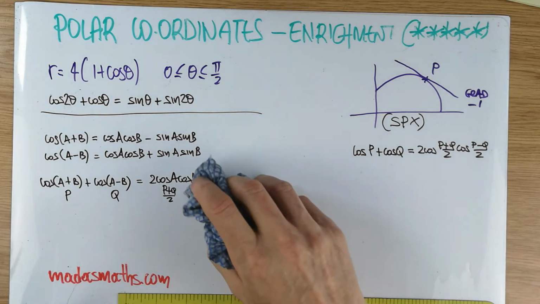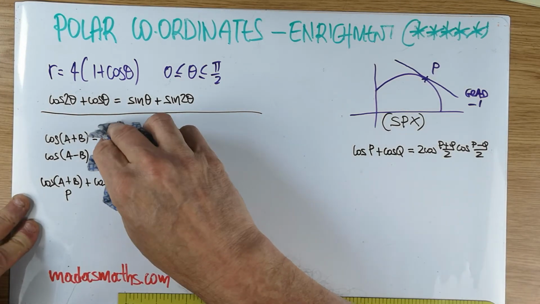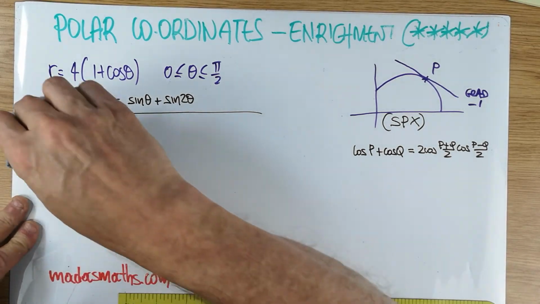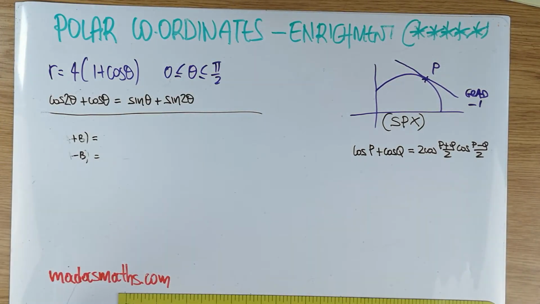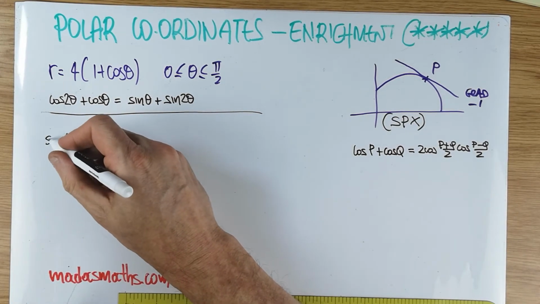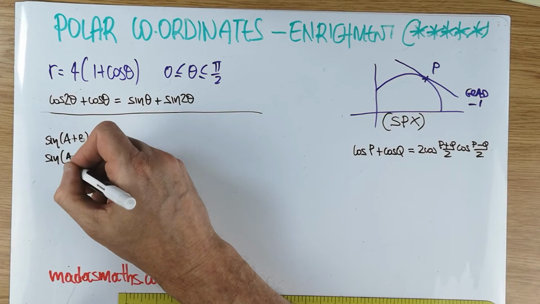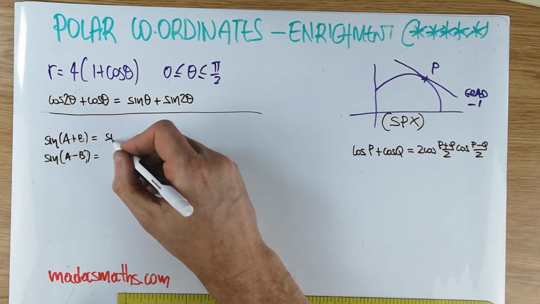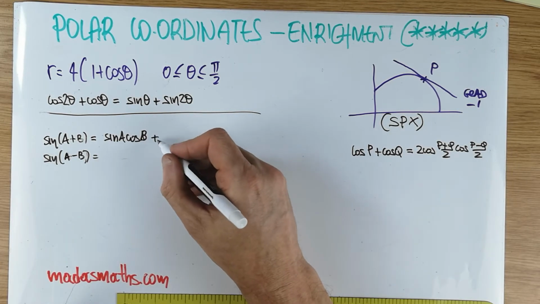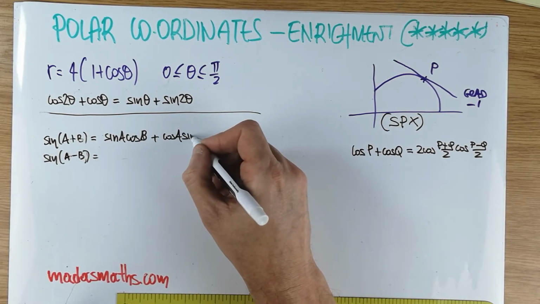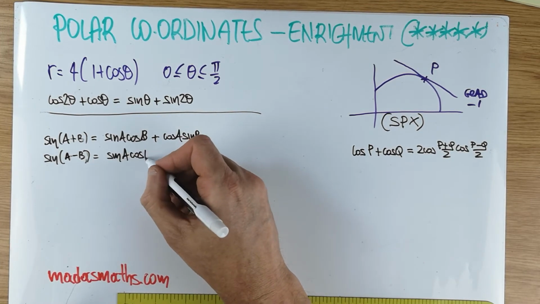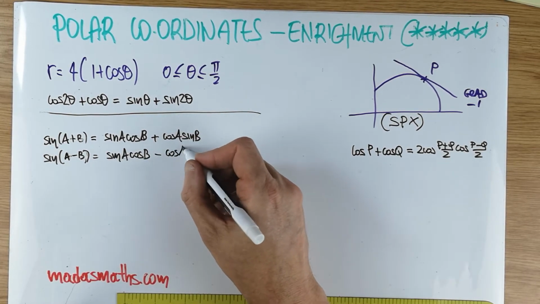Wasn't that bad. So we're going to have to do the same thing for sines now, for the right hand side of this equation. So let's change that into sines. We've got the sine of (A plus B), and the same one for the other one. That goes sin A cos B plus cos A sin B, and exactly the same but for the minus.